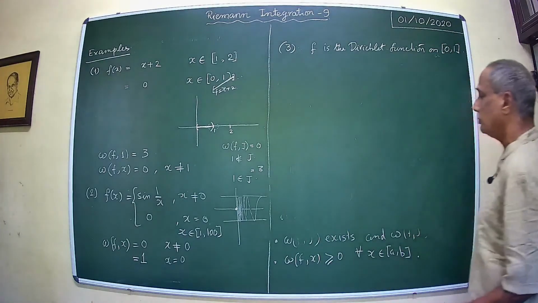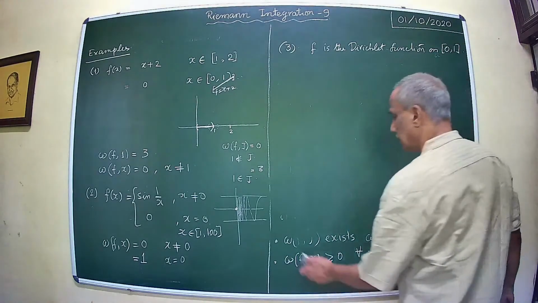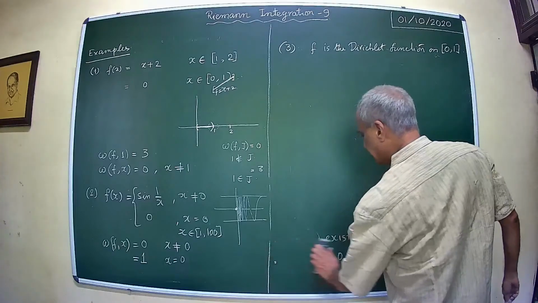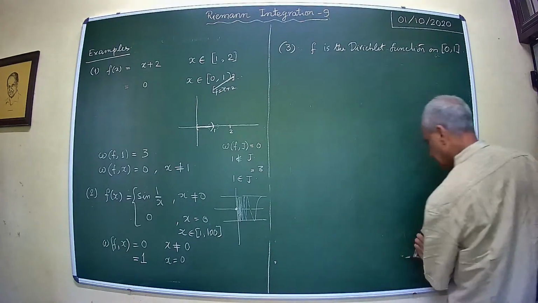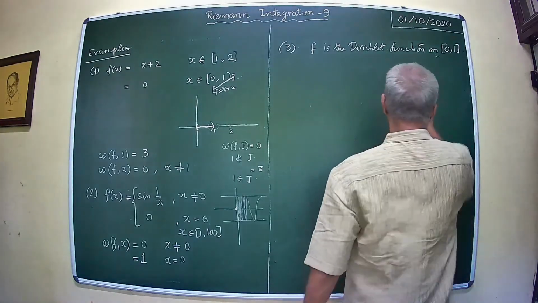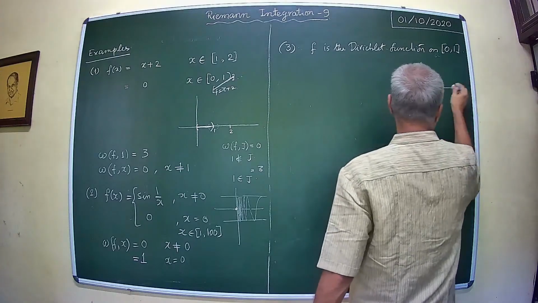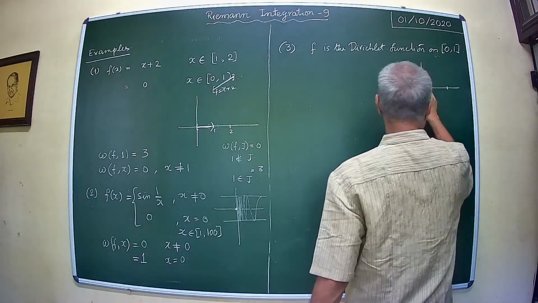Now, what you see is that this function has a discontinuity everywhere, and this is not something which you can easily plot at all.